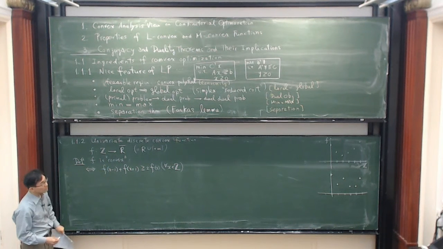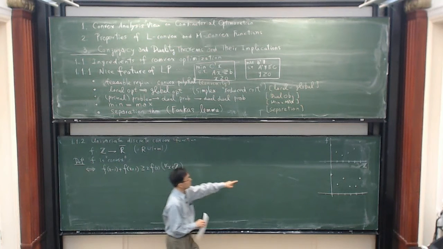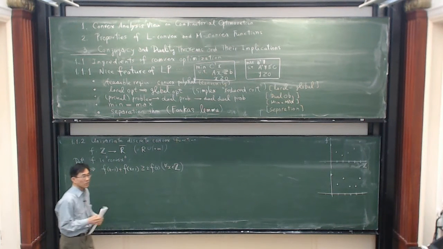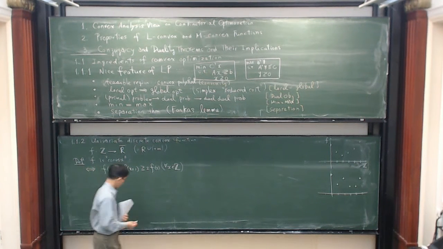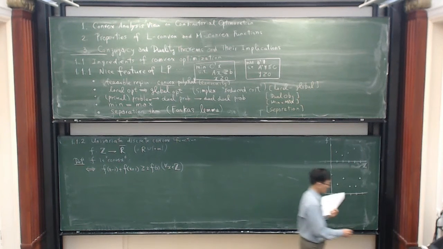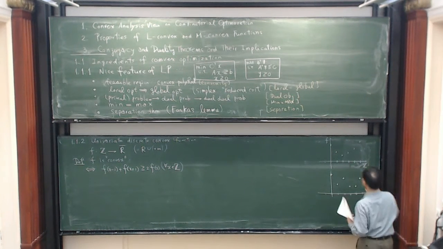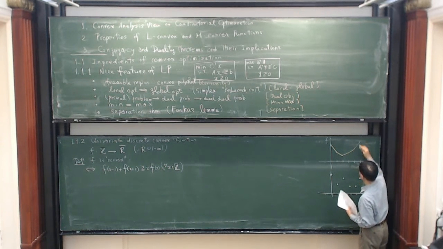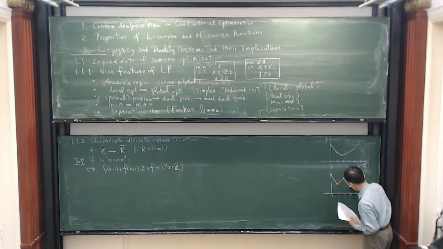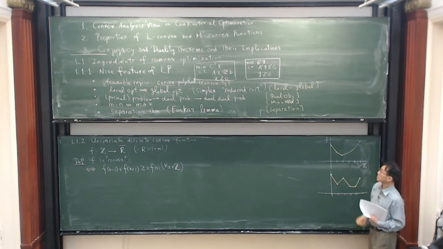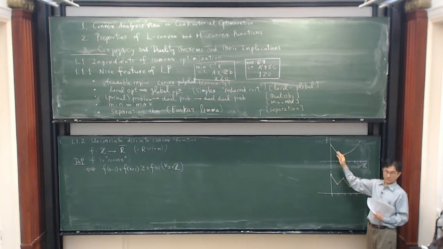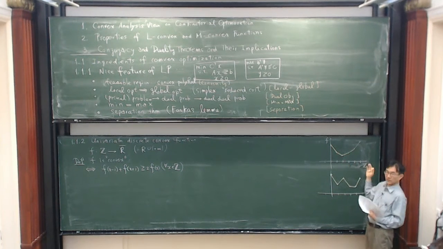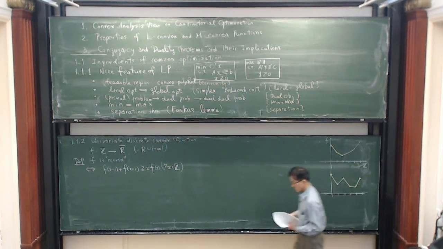But what you observed already here, if this is true, we can connect the points to obtain convex function. So here we connect them, and you connect them. So the yellow graph is an ordinary convex function, okay, in real variables.